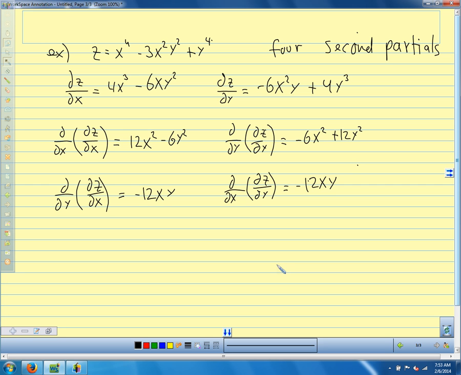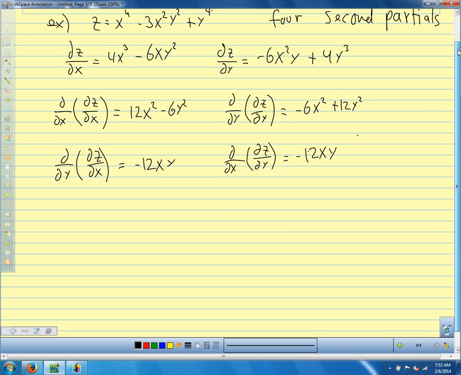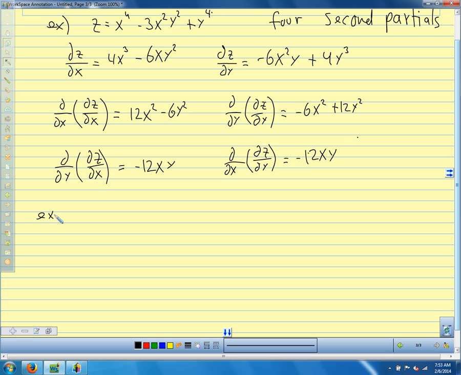Questions there? All right, let's look at a three variable function. And let's say we have f of xyz is x squared plus 3xy plus 4yz plus z cubed.